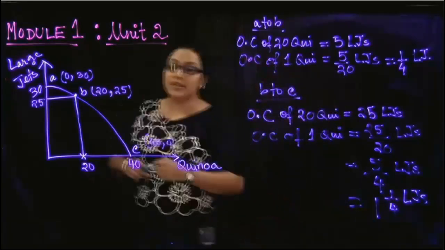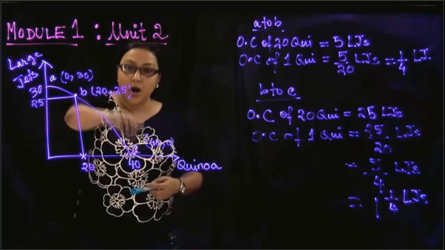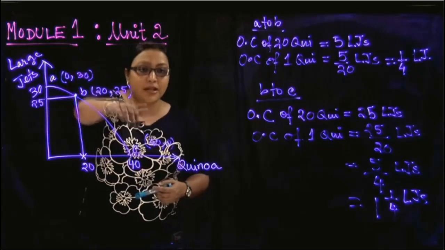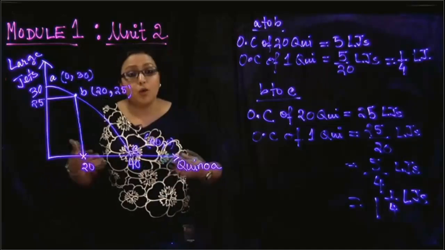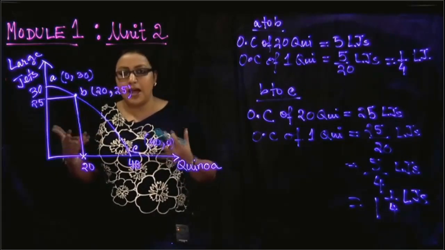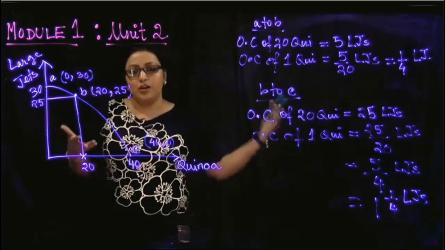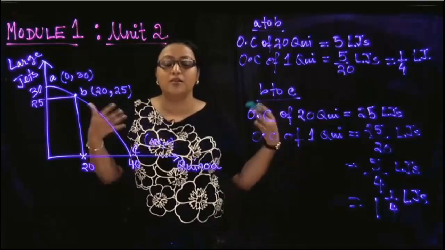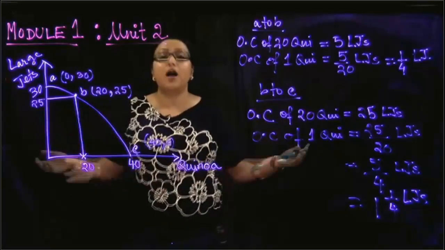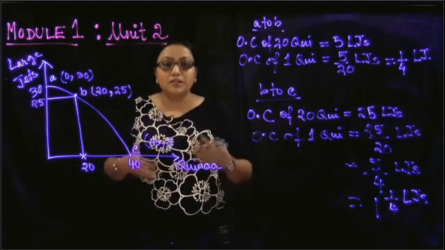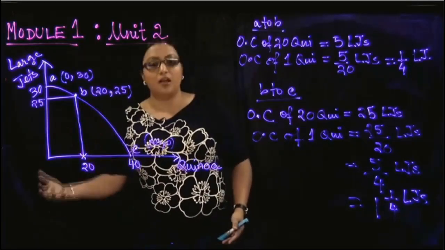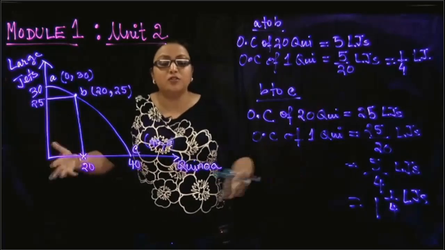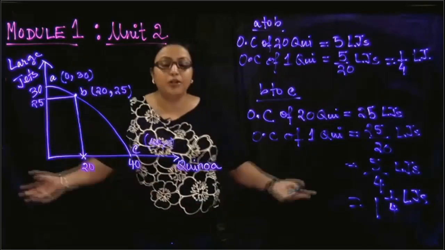So that means you can see that when the PPF is bowed out, when it's a curve, the opportunity cost is actually increasing as you move down the PPF. Now what is the reason? When you have a straight line PPF, then in the real world it is basically modeling a situation where the resources are easily convertible, easily transferable from one good to another. For example, maybe we have 2 agricultural commodities and the resource land is easily transferable between those 2 commodities.